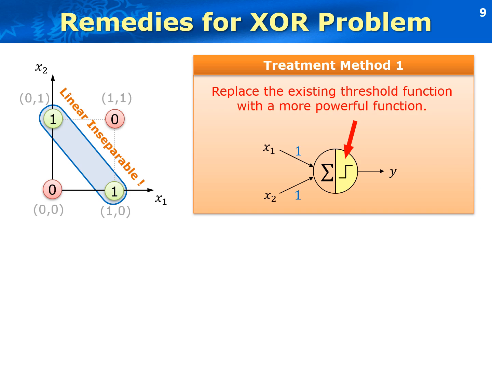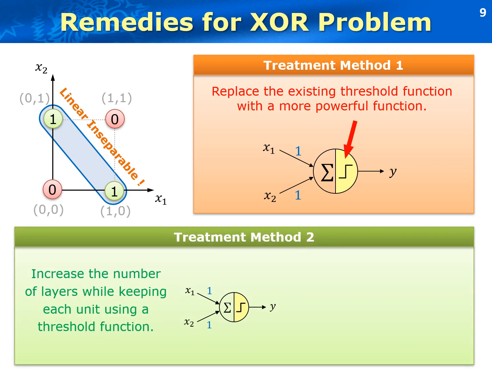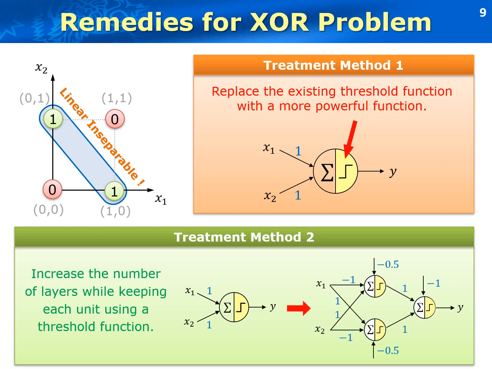The second method is to increase the number of layers in the neural network. This method would increase the units and the depth of the neural net, but can guarantee the activation function of each unit is still a simple threshold function.